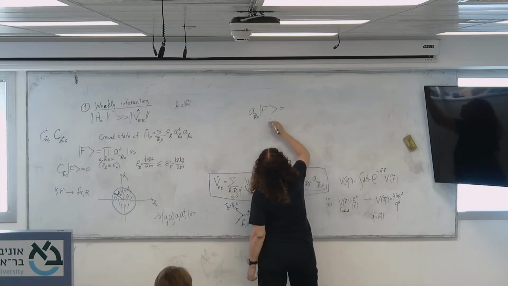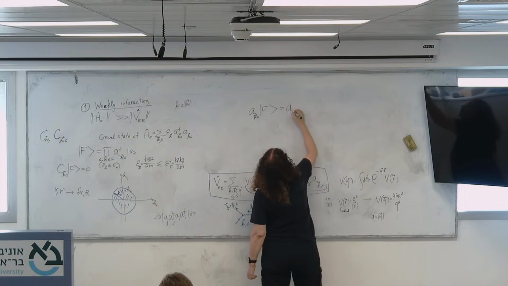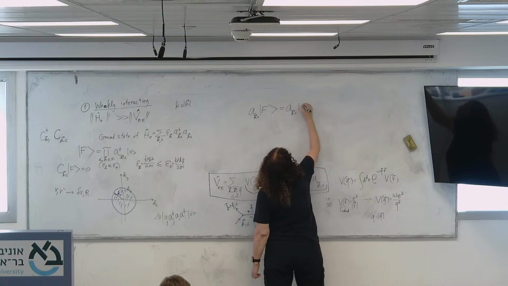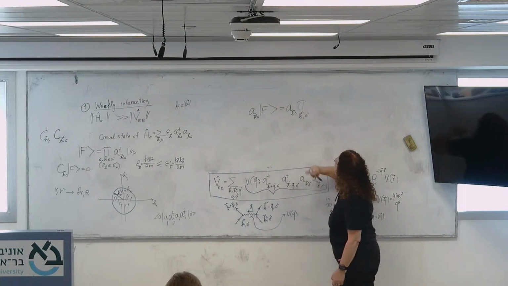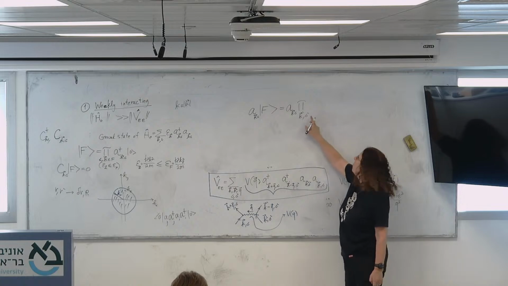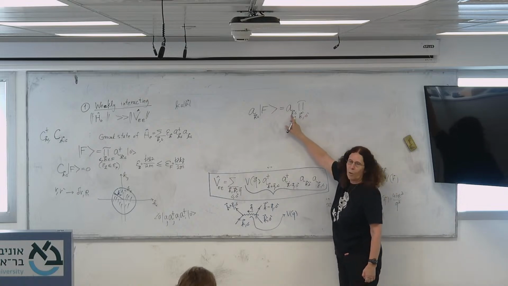So what is F? F is a product over all the k's and all the sigmas, and let me give them an index k prime and sigma prime because I want to distinguish it from this particular k and sigma.